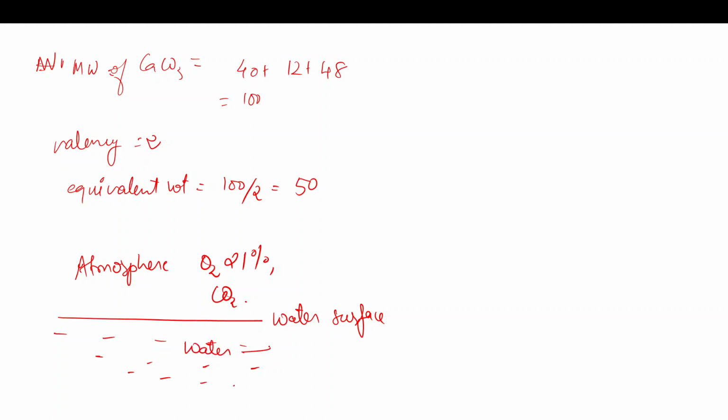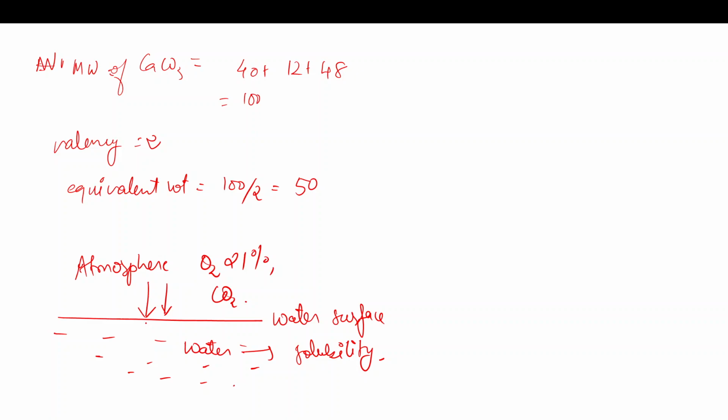Now, obviously, water has some solubility, and depending on the concentration, here obviously it is more concentrated, here it will be less concentrated. So mass transfer happens. The transfer of oxygen happens from the atmosphere to the surface of water.